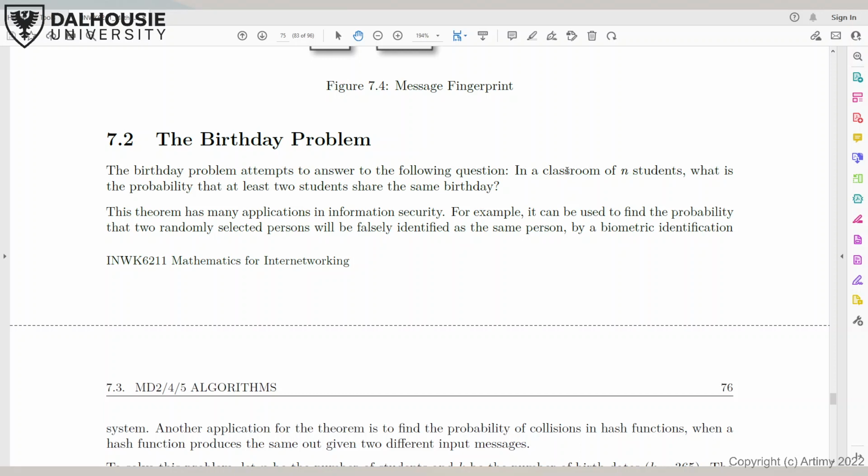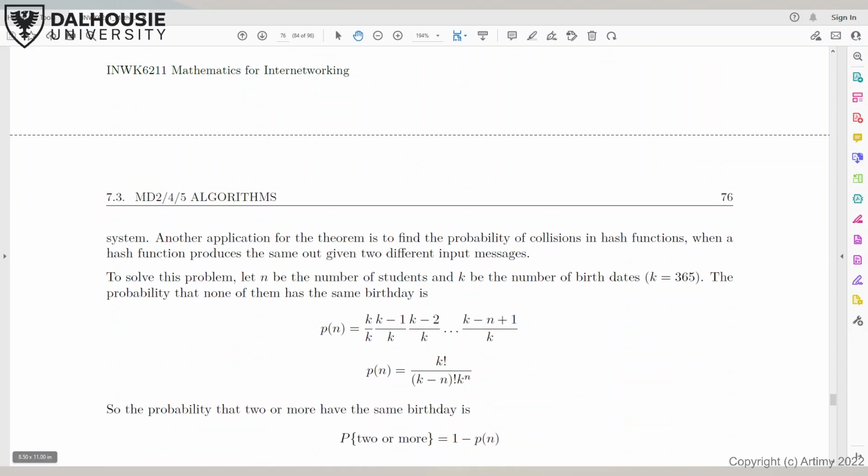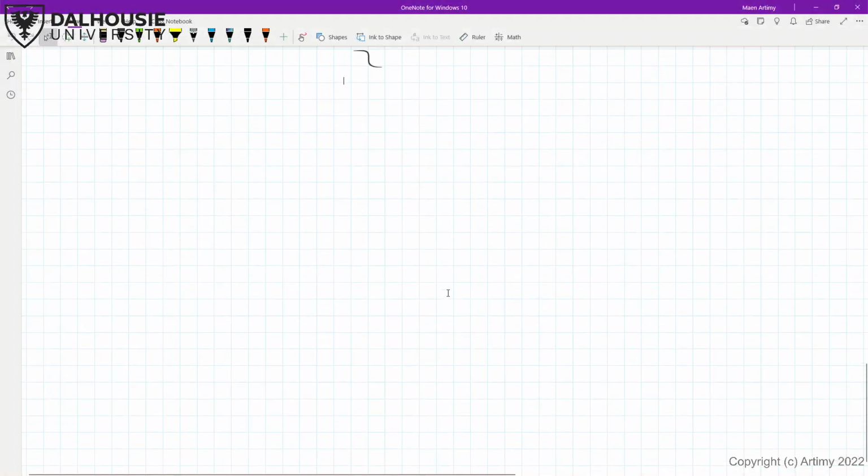Okay, so in this case, how do we know the probability of having two classmates sharing the same birthday? Let's take a look at the inverse of this problem, which is easier to calculate.